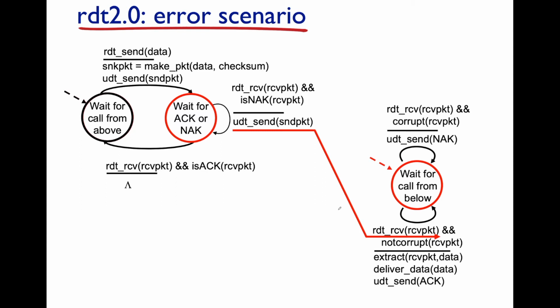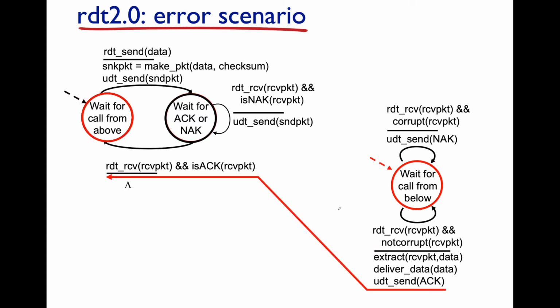It extracts the packet, delivers the data, and then does a UDT send of an ACK as feedback back to the sender. And so this ACK comes back to the sender, and we get a different transition edge because it's a different event for this wait for ACK or NACK. So we get the RDT receive of the packet. It is an acknowledgement, and it transitions back to waiting for a call from above.